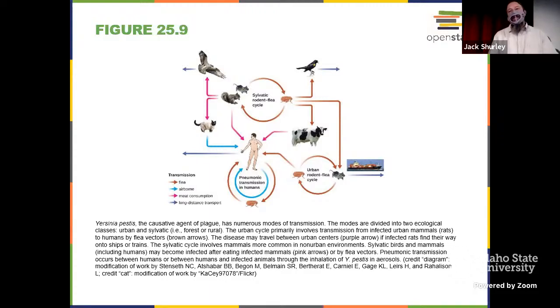We see cases of it in the United States every year, typically summer months. It just kind of depends. There's cases in Idaho that get reported as well. Pretty rare, all right? And a lot of these things we think of kind of now more along here with the sylvatic rodent flea cycle, and it may not be like the urban rodent flea with a rat, more like wild animals in Idaho.